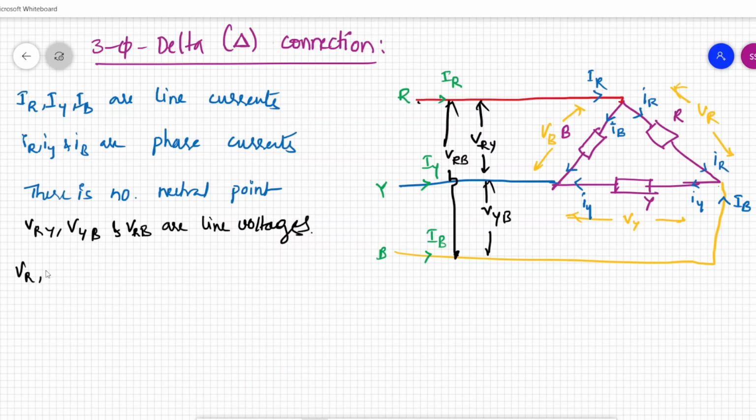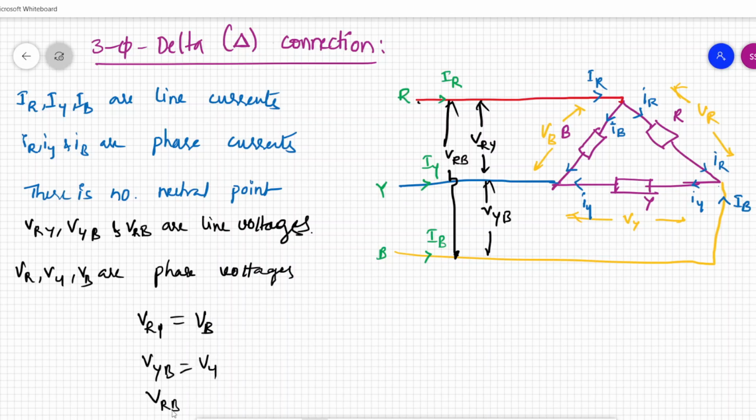Where VR, VY, VB are phase voltages, right? So if you observe clearly, VRY is equal to VB, VYB is equal to VY, and similarly VRB is equal to VR.